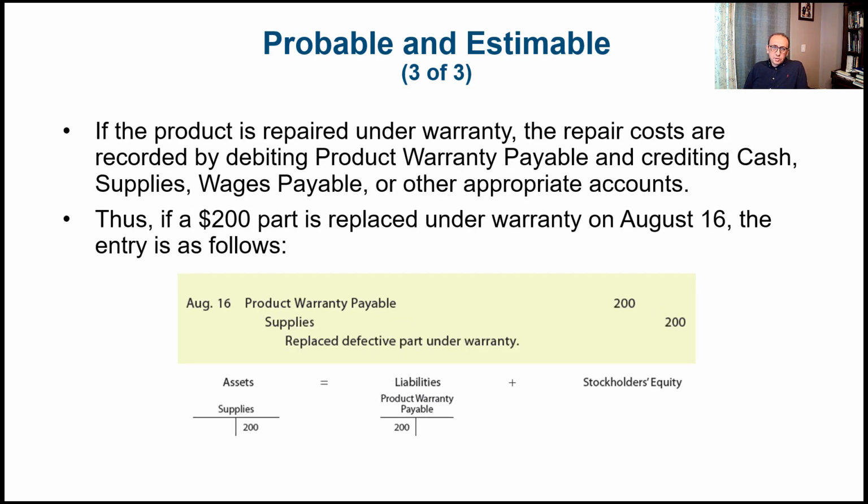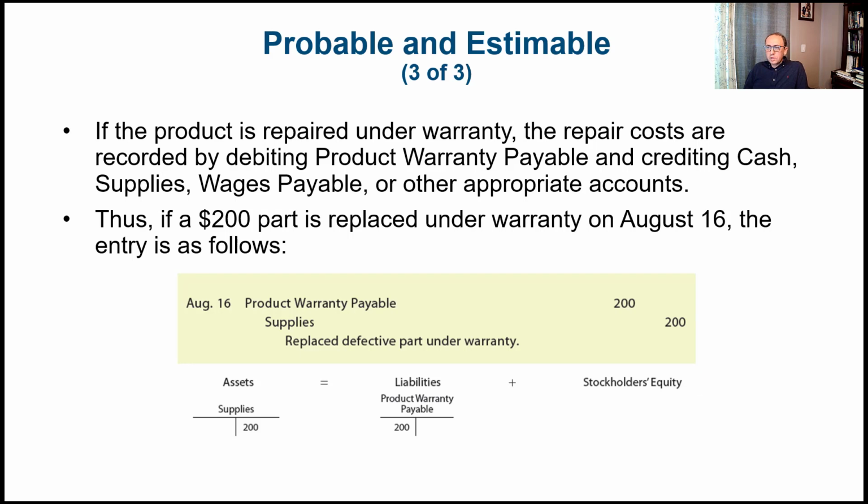So if the product is repaired under warranty, the repair costs are recorded by debiting product warranty payable and crediting cash, supplies, wages payable, or other appropriate accounts. So assume that a $200 part is replaced under warranty on August 16th.